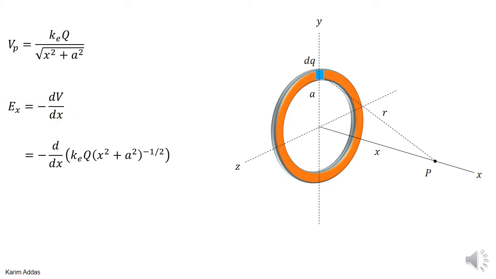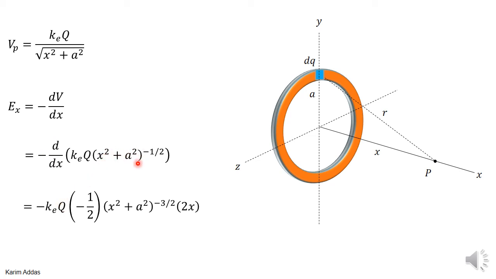So there's the minus, there's d by dx, and then I put here the potential. There's the KeQ, and then 1 over this is just x squared plus a squared to the minus half. Now, how do you get the derivative of this quantity with respect to x? Well, keep the minus as it is. KQ goes out.